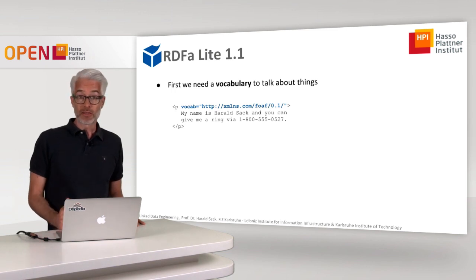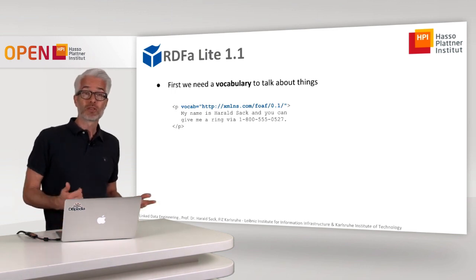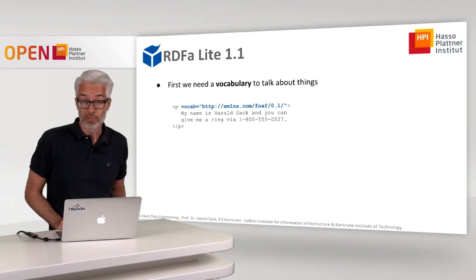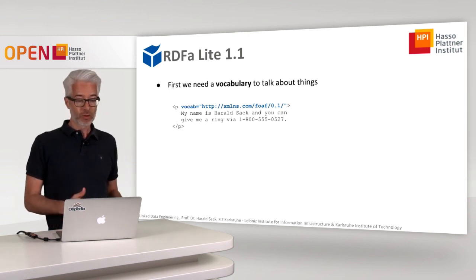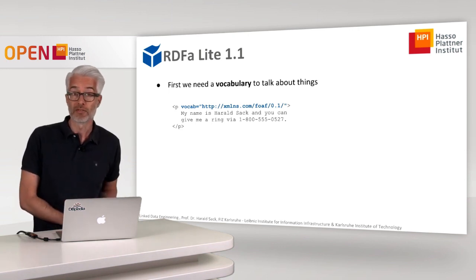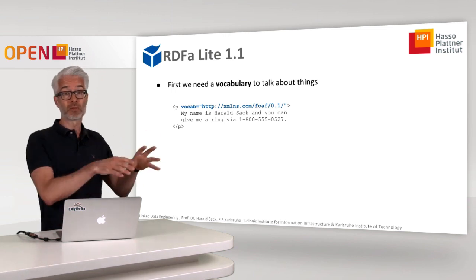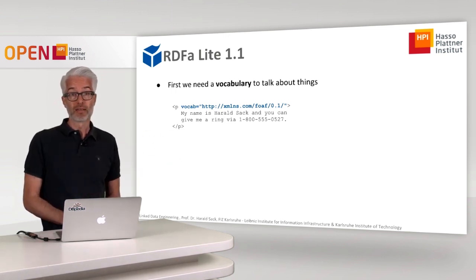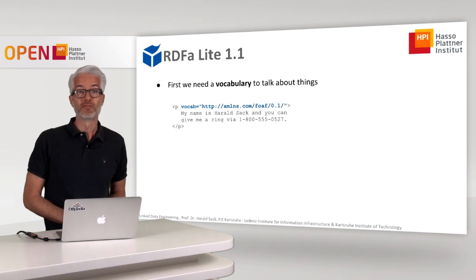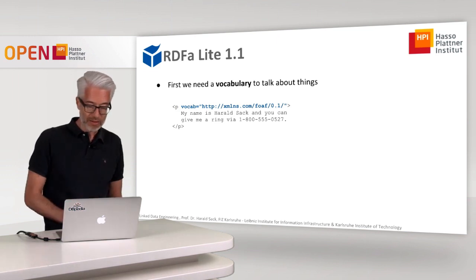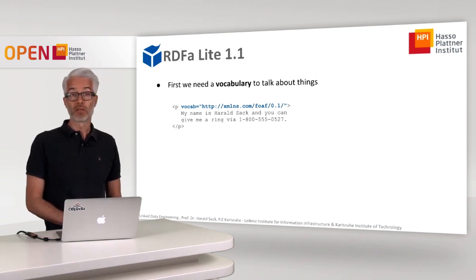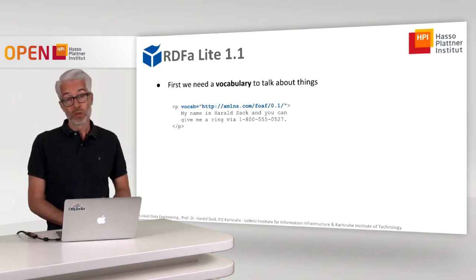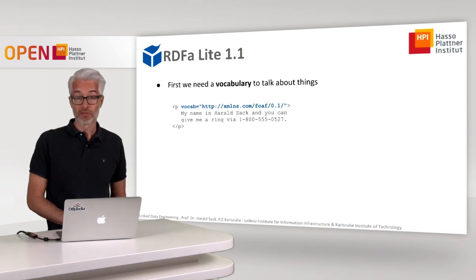What we can do first is say, okay, we want to use some RDFa data, but for that we first want to make sure to use a specific vocabulary. It means a place where the RDFa that we are using is defined. We are, for example, using an already existing vocabulary, which is FOAF, the friend of a friend vocabulary. You will see this more often in the course of the lecture.